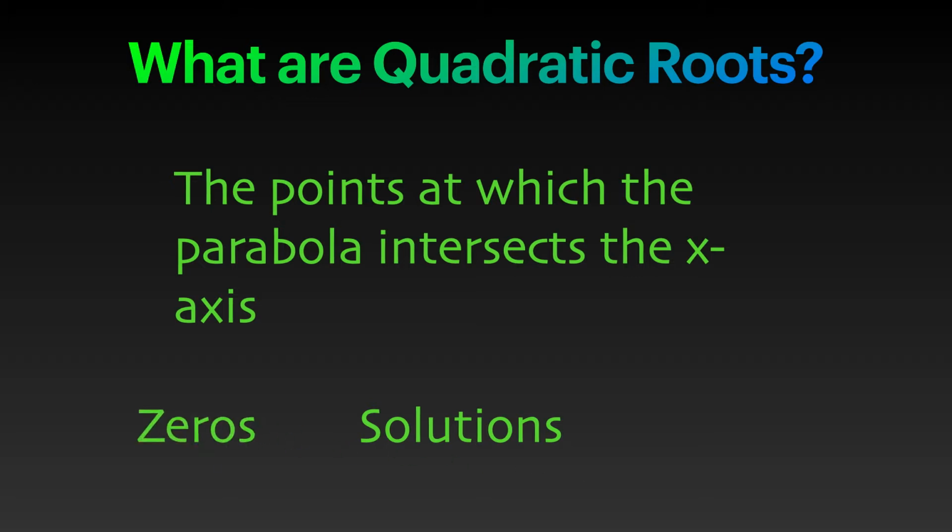If I said, give me some zeros for that parabola, you would tell me the points at which the parabola intersects the x-axis. Or if I said, what are the x-intercepts of that parabola? Again, you're looking for the points at which the parabola intersects the x-axis, or the roots.